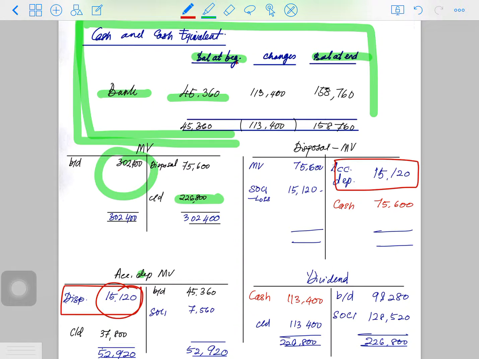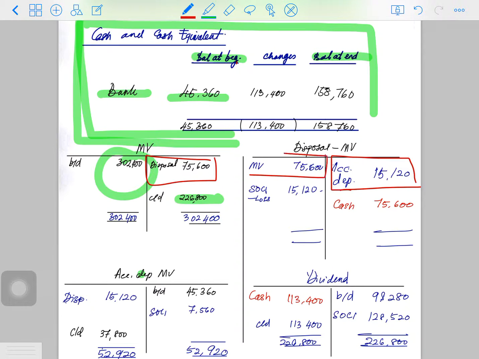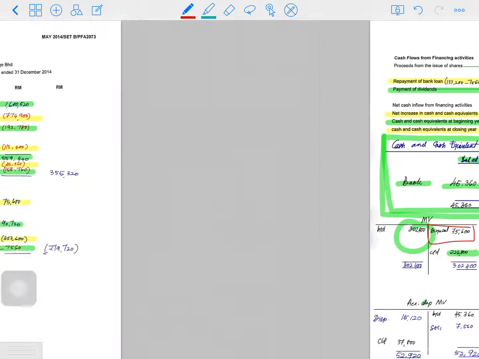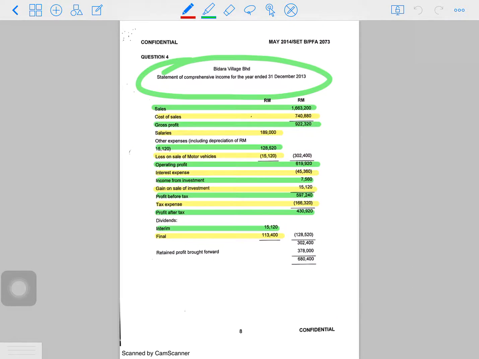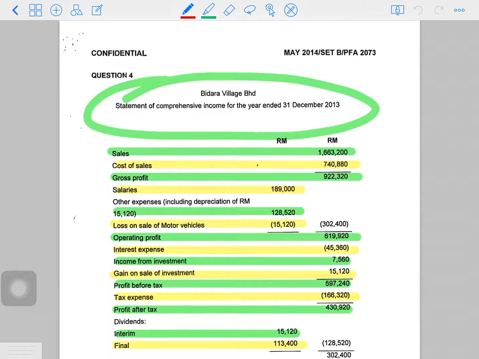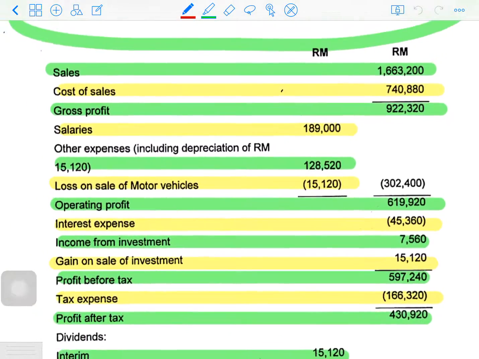So debit accumulated depreciation of motor vehicle and credit disposal account, the disposal value of 15,120. And they also mentioned the loss on disposal of 15,120 in the profit and loss.